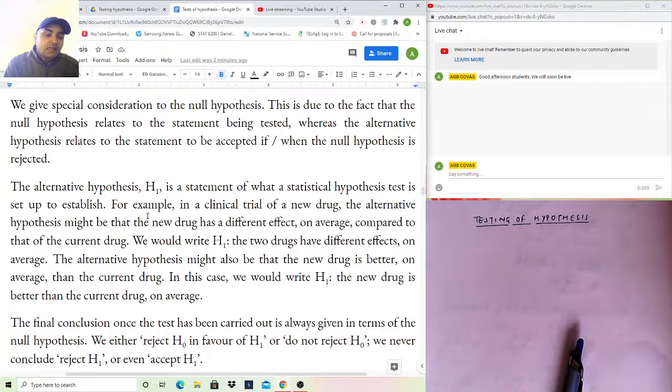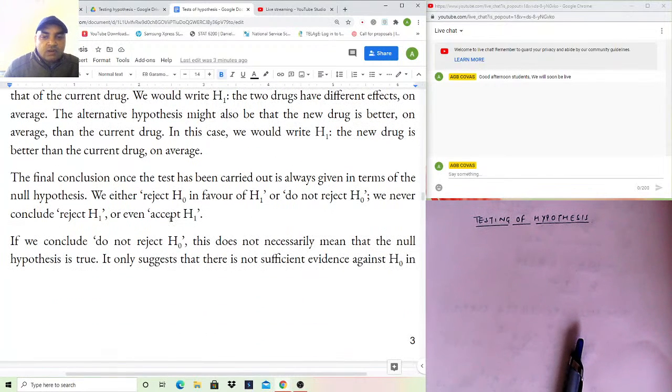So finally, in the null hypothesis there is no difference, and in the alternative hypothesis there is a difference. The final conclusion once the test has been carried out is always given in terms of the null hypothesis.